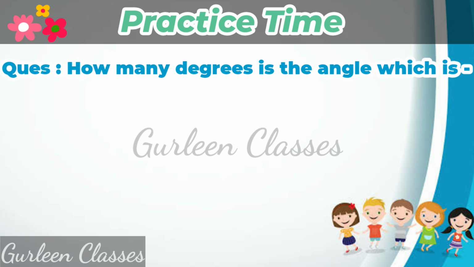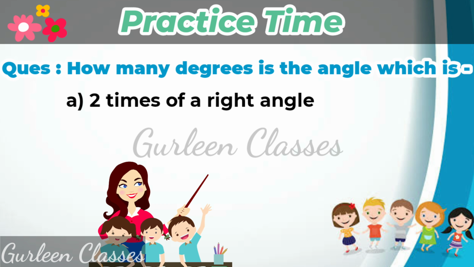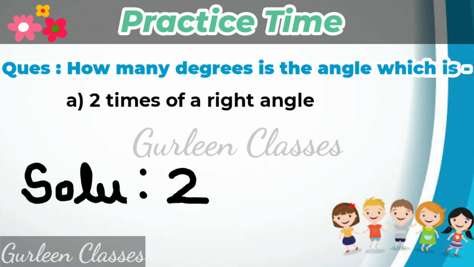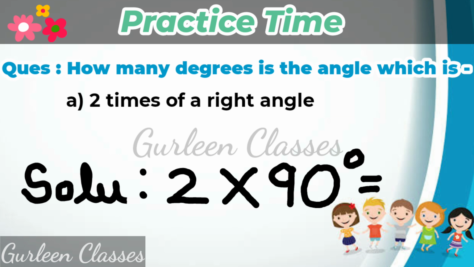Next question. How many degrees is the angle which is A part, 2 times a right angle? So students, as you all know, 90 degree is called a right angle. Solution: 2 times, so 2 multiplied by the right angle, 90 degree, is equal to 180 degree.